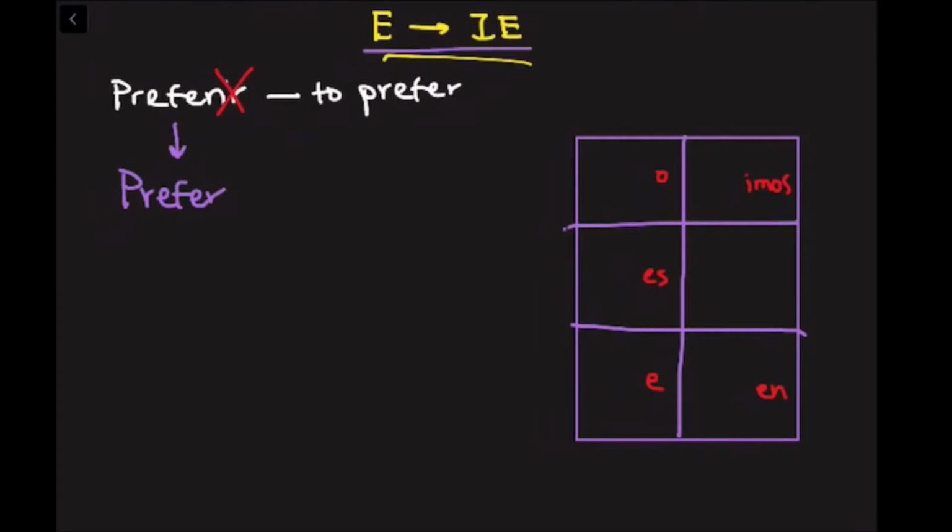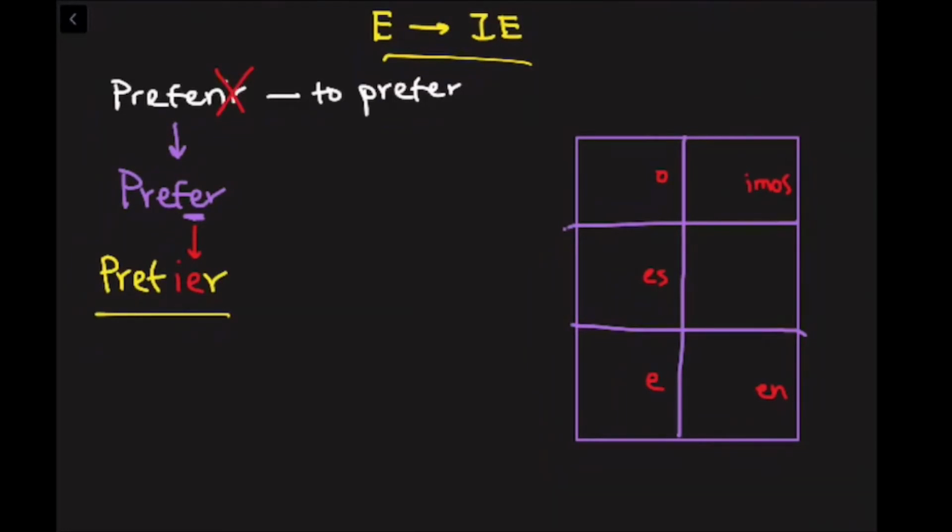But then we see that this is a stem changing verb and the E is supposed to change to an IE. In this case, it's the second E that changes to an IE. So we substitute an IE instead of the E over there, and we leave the rest of the stem same, and then we end up with the changed stem of prefier.